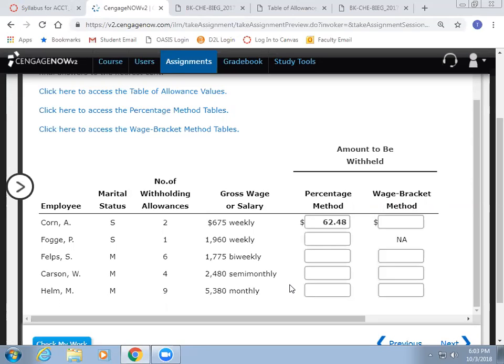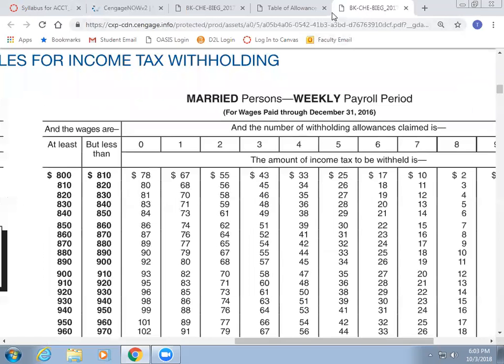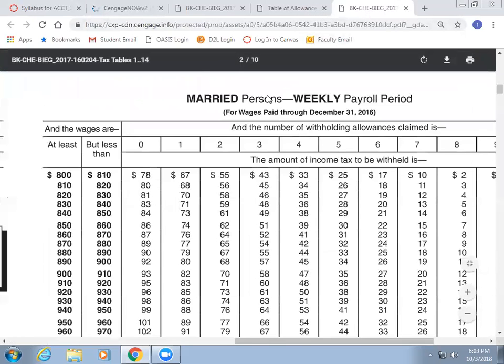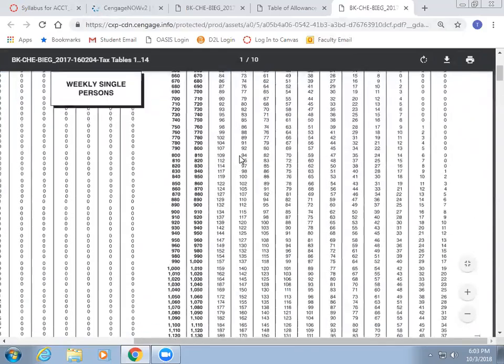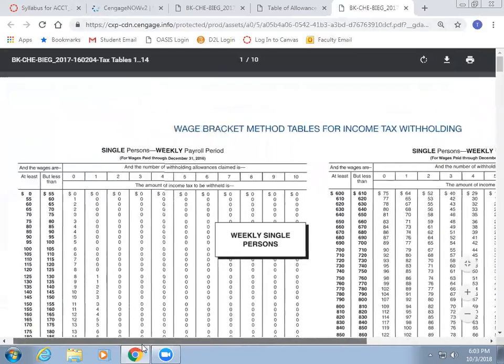Okay. To do the wage bracket method on this employee, again, I just have to go to my wage bracket method tables. So it's pretty easy. I'm looking at a single person getting paid weekly. See, I can pull back up that table. So these are my wage bracket method.